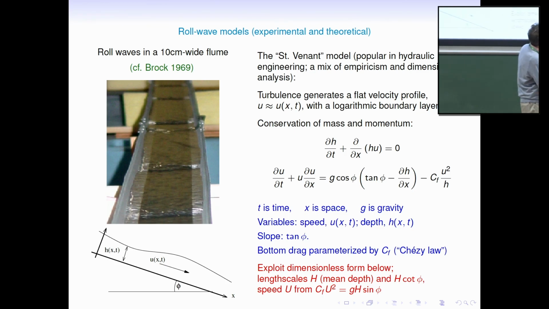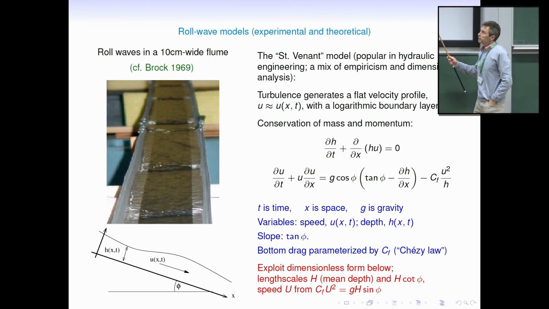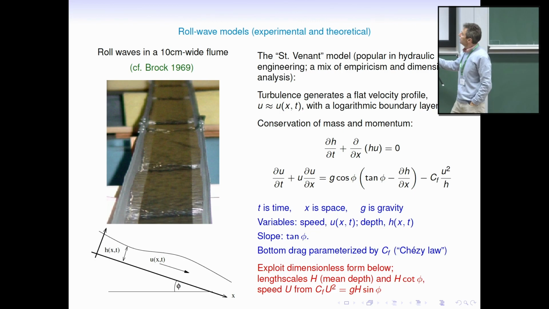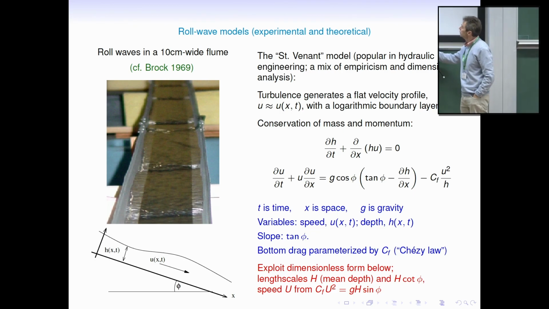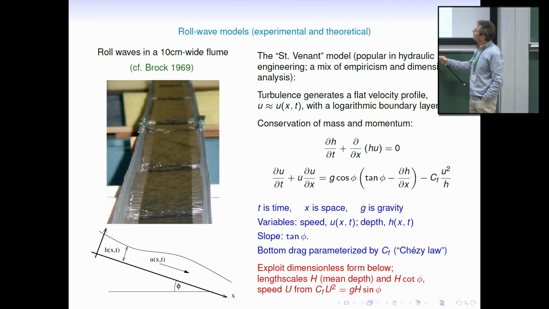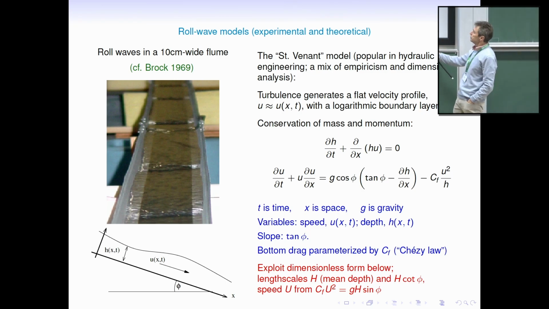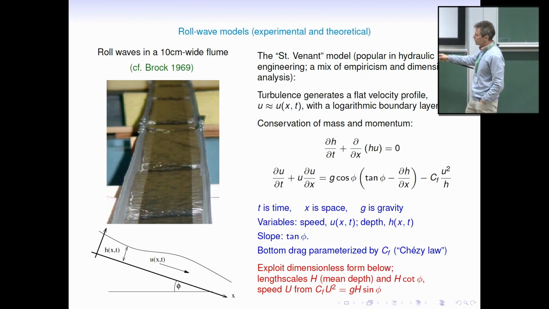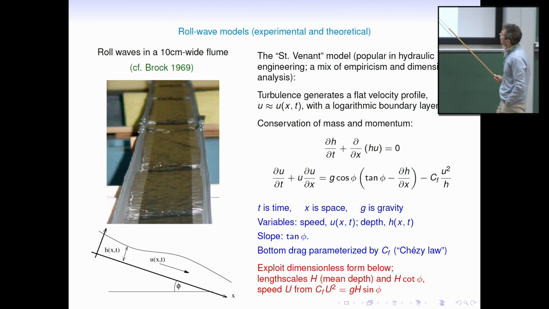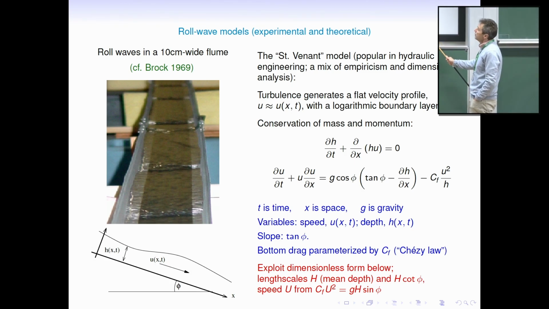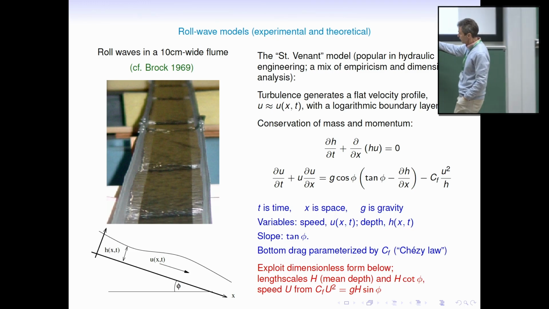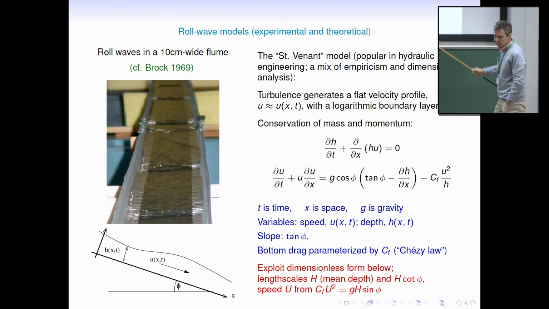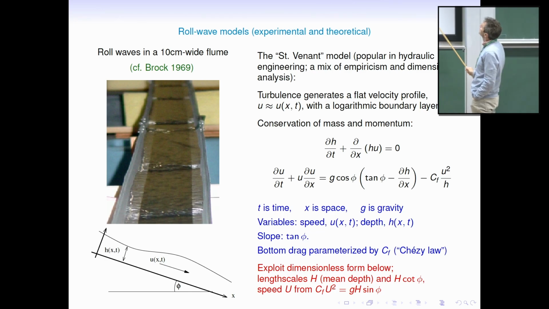The St. Venant model is a sort of a mix of empiricism and dimensional analysis. You have the straightforward conservation of mass equation. The momentum equation contains gravitational acceleration down the slope, the angle's phi, and then there's some hydrostatic pressure gradients attributed to variations in the free surface.